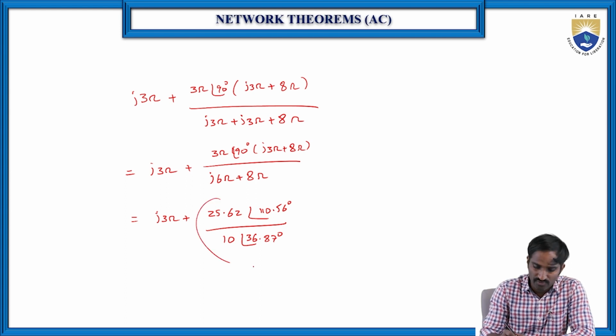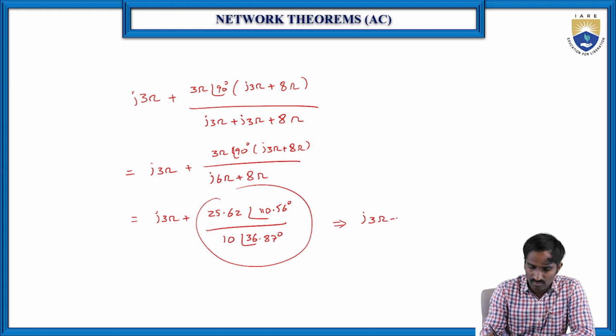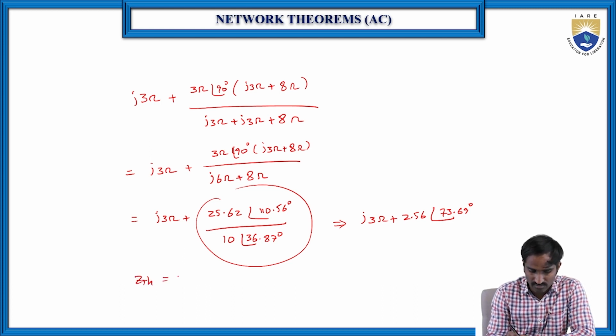Then if you simplify this, you will get j3 ohms plus, after simplifying, 2.56 at an angle of 73.69 degrees. Then if you simplify further, the Z Thevenin is equal to 0.72 ohms minus j5.46 ohms.